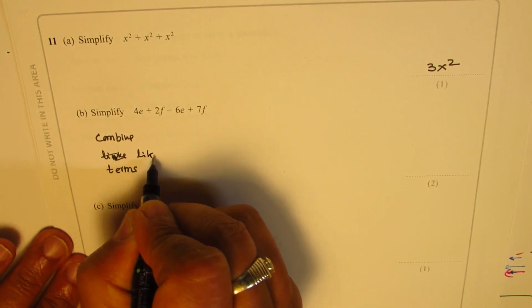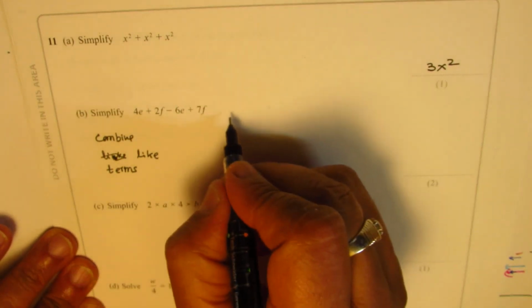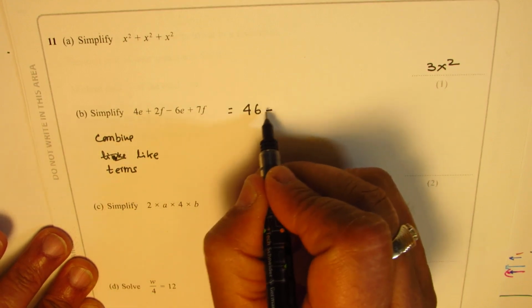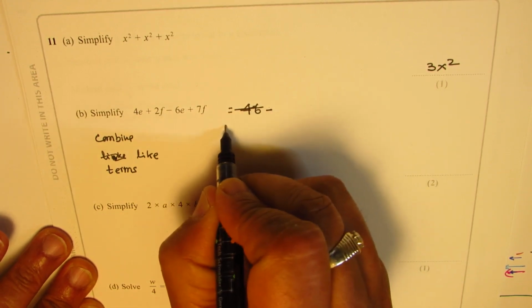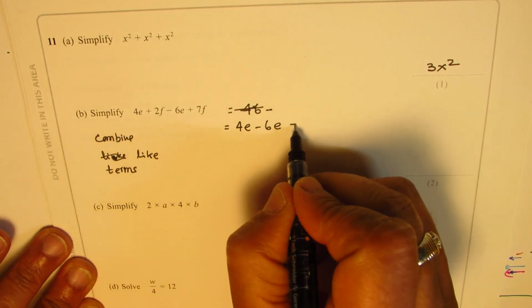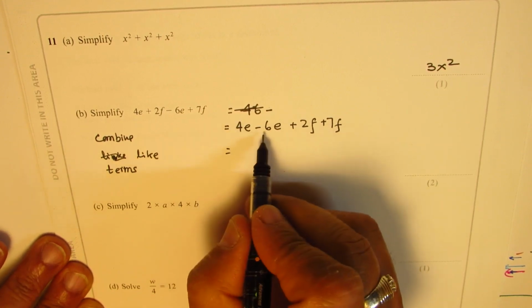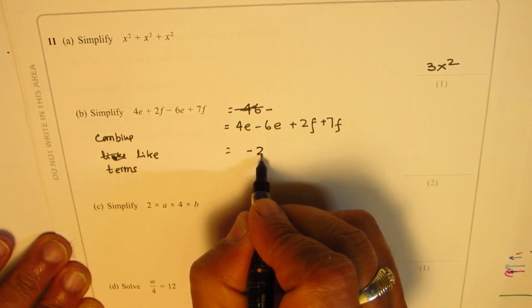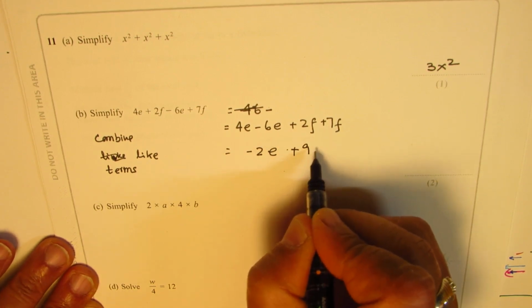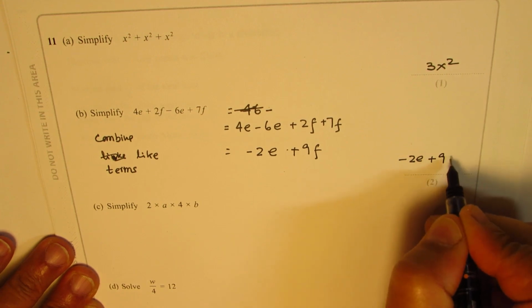So like terms here are e's and f's, right? So we could write 4e minus 6e, then we have plus 2f plus 7f. So 4 minus 6 is minus 2, right? So minus 2e, 7 plus 2 is 9, so plus 9f. So we get this as minus 2e plus 9f.